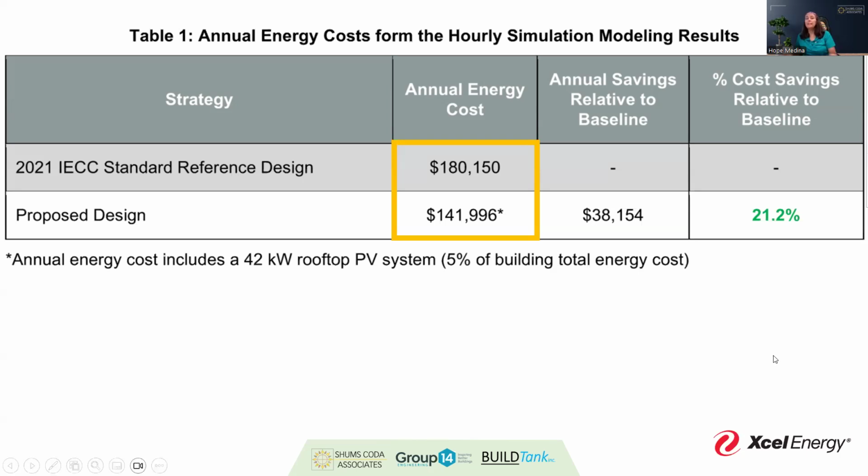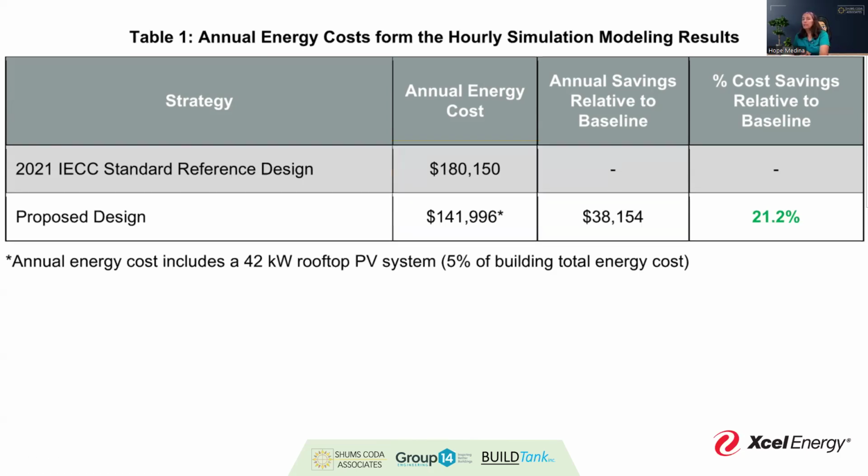Now, what that does is it moves us over to here, which shows our percentage of cost savings compared to our standard reference design. It's showing us that it's at 21.2. So we would call that good. We call that good, but hold on a moment.